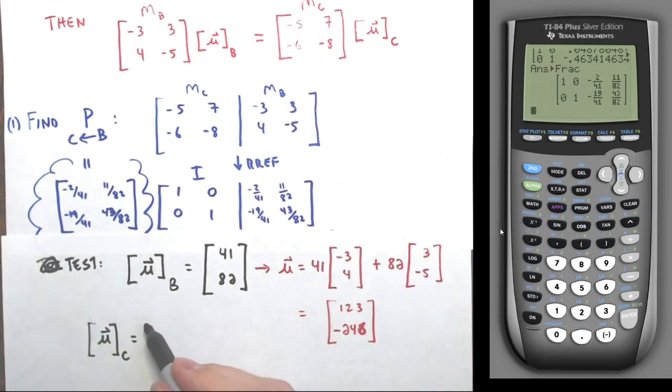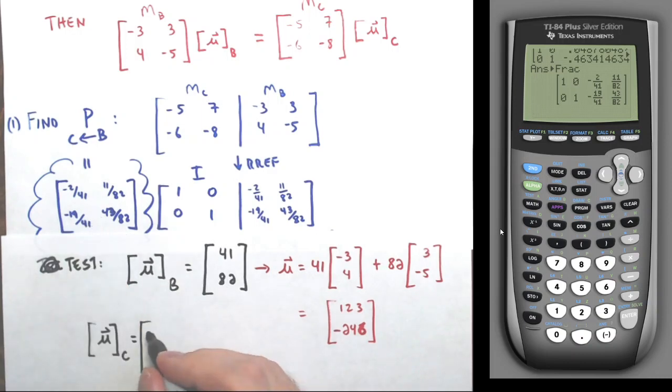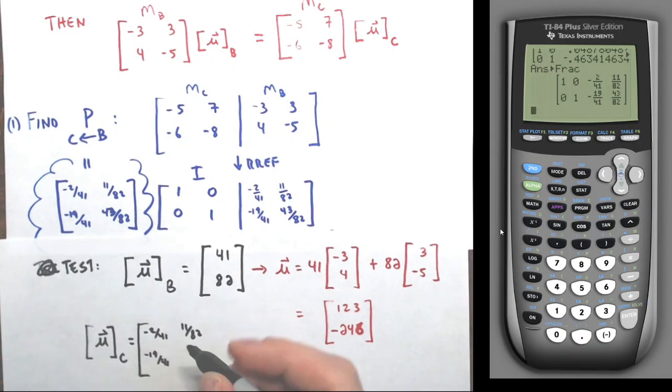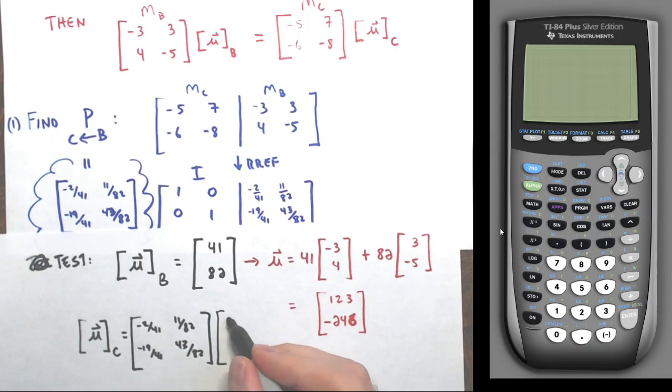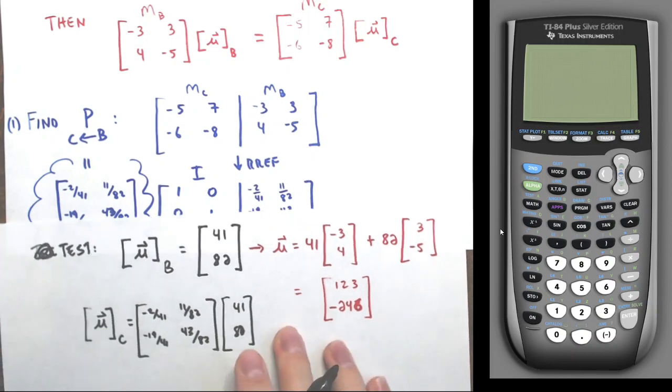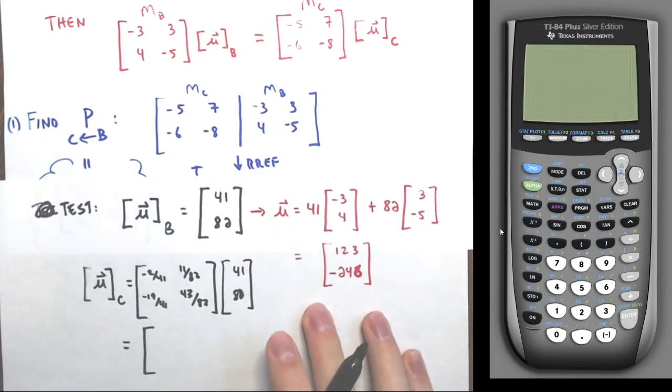So I multiply on the left by this matrix, -2/41, 11/82, -19/41, and 43/82, times the coordinates with respect to B, 41 and 82. And I should get the coordinates of u with respect to C.